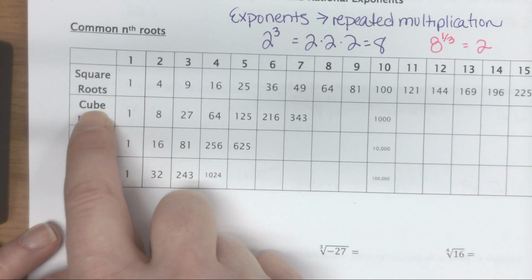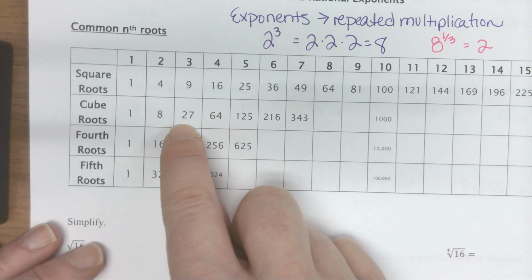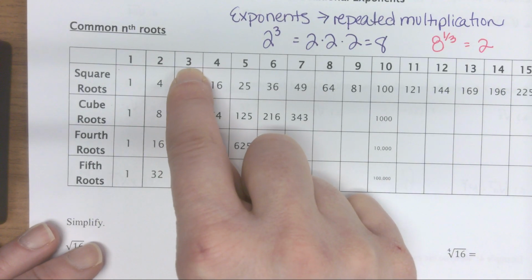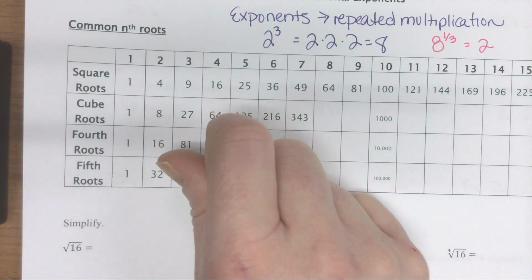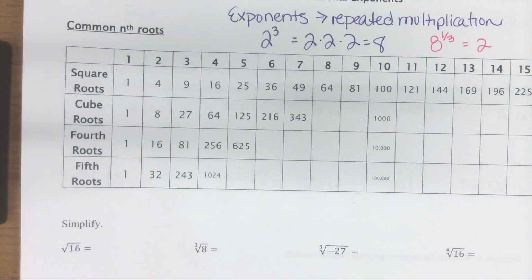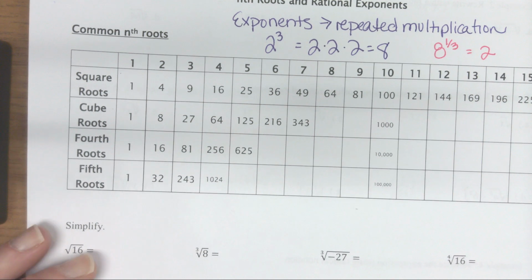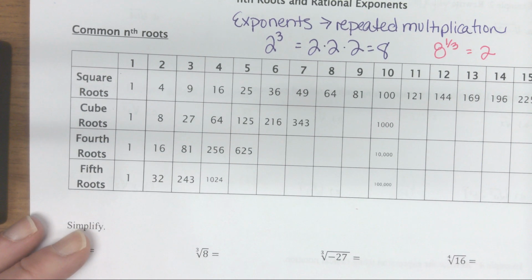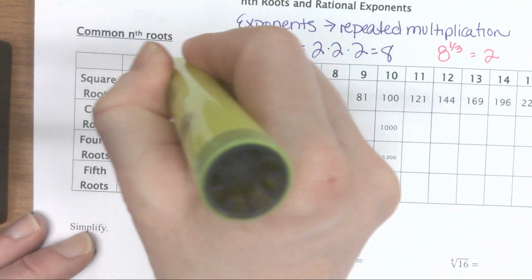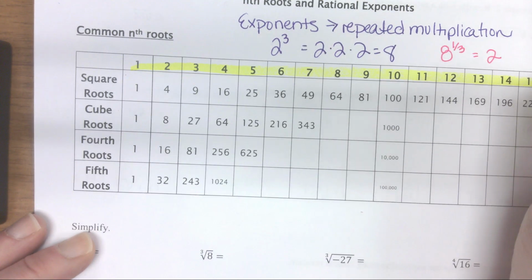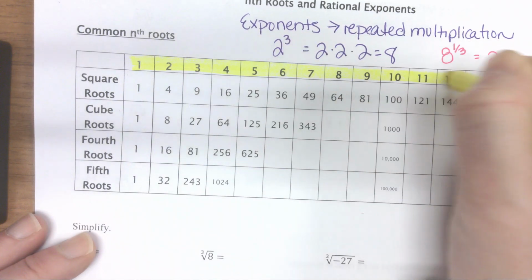The cubed root of 27 is 3. Why? Because 3 times 3 times 3, or 3 to the third power, is 27. So the roots themselves are here.